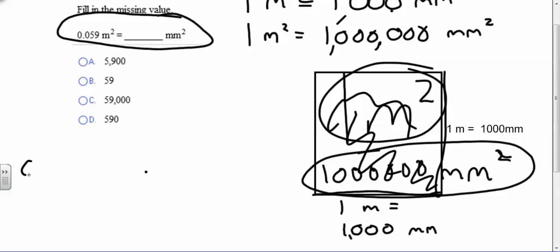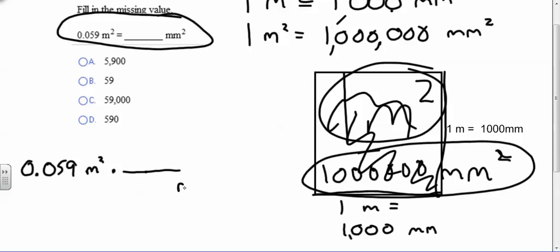What you do is you first write down what you have, or what you're given, which is 0.059 square meters, and we're going to multiply this by what some people call a unit fraction, a form of 1. And in this problem, we want millimeters squared to remain and square meters to divide out.